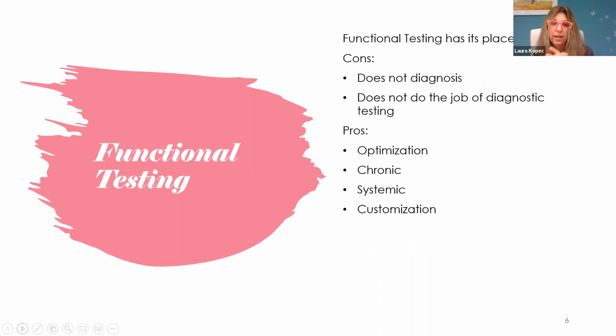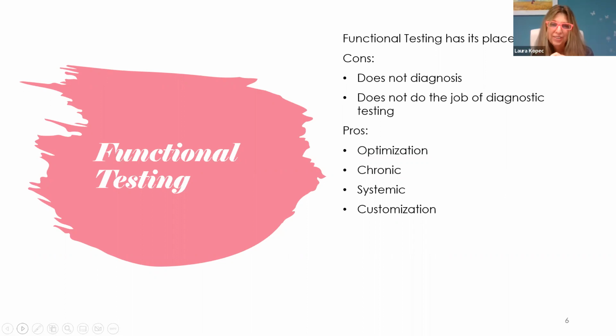Like heartburn, for example, you might have the diagnosis. Do you have all the information you need to address a chronic issue, to look at if it's creating a systemic problem? How do you optimize?